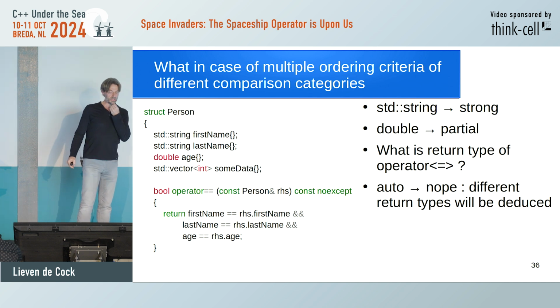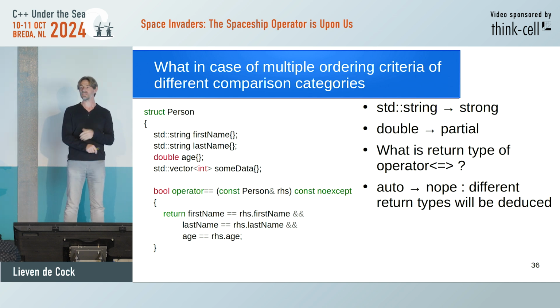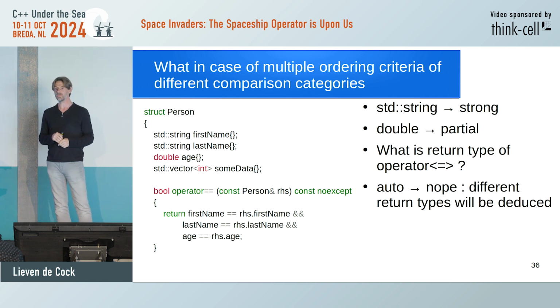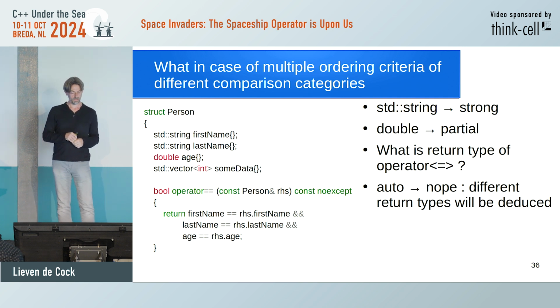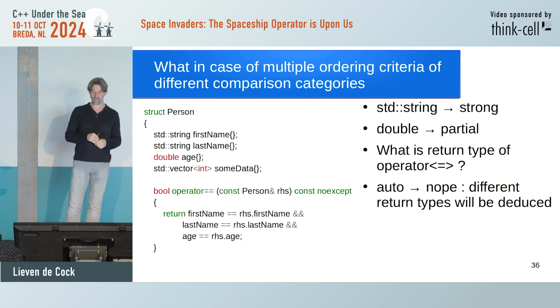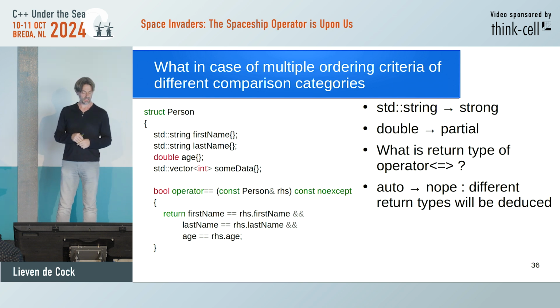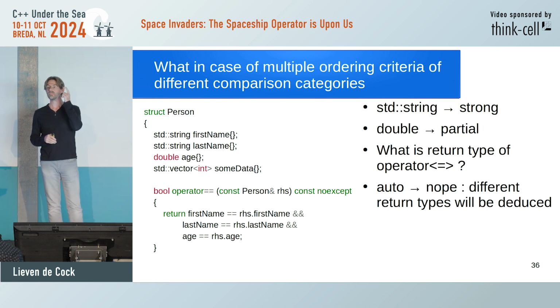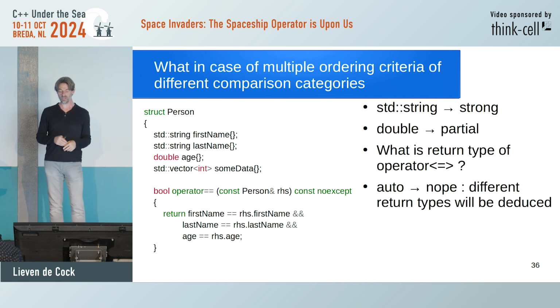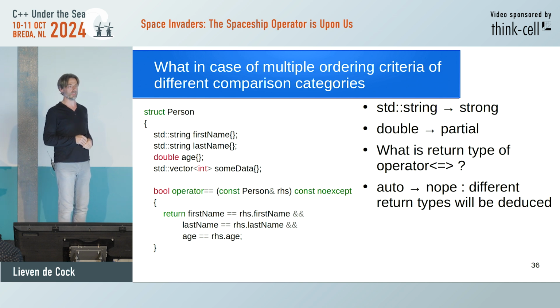Let's go back to our person example, and let's change the age from an integer to a double. Equality operators, still the same. Let's look at the members. std::string, strong ordering. A double, partial ordering. Now, what will the return type be of the spaceship operator?